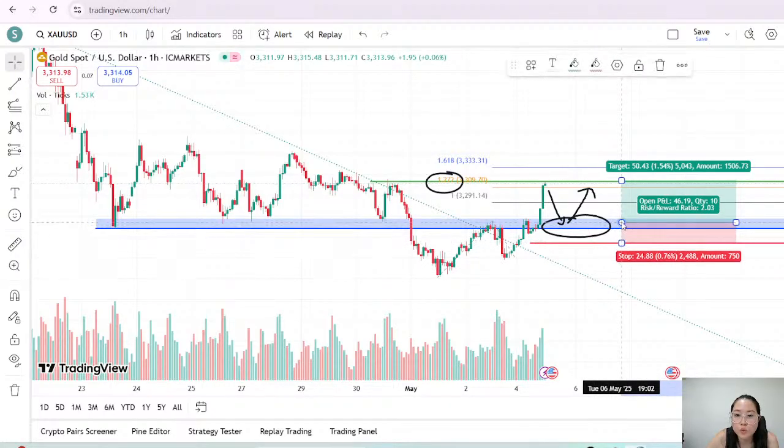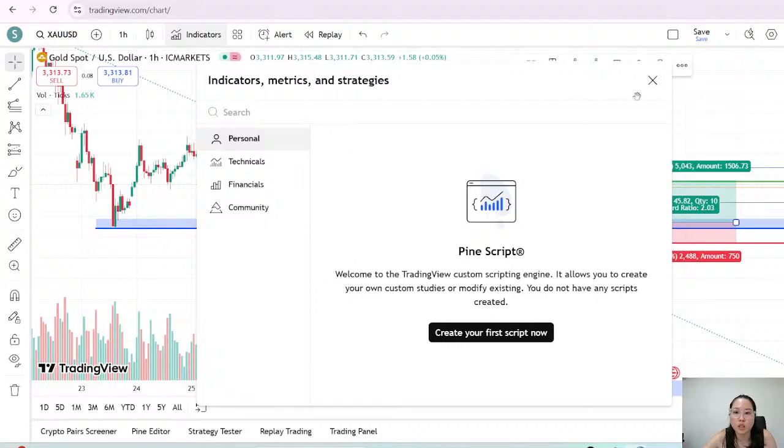If gold pulls back to this area, being very conservative, there is a chance of a 1 to 2 trade. How confident am I on this trade? I'm confident that price is bullish. I just don't know if it's bullish enough to push it to that area before coming back down.